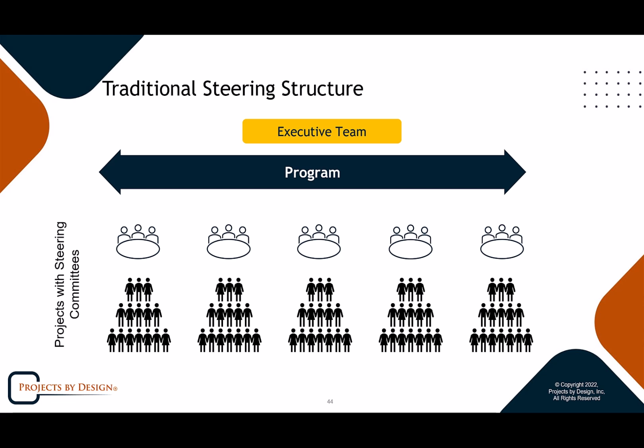Now, in this model, let's soak on this for just a bit if we could. So in this model, who has to integrate all of the objectives, who has to align the strategy, and who has to make sure everything is communicated effectively with one decision in one steering committee that might affect a different project? The executive team.